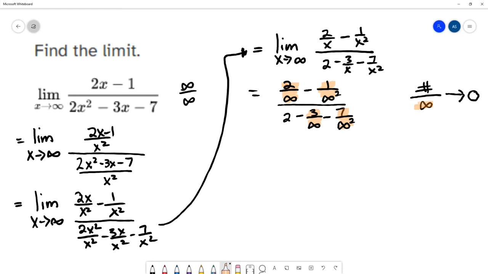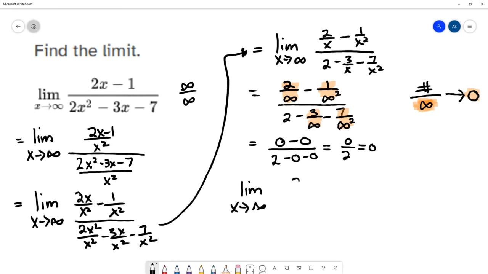Remember that your denominator is how many pieces you're dividing it up into, and if you allow that to get larger and larger, the pieces become smaller and smaller. So each one of those pieces is approaching 0. So we get 0 minus 0 over 2 minus 0 minus 0, and that is 0 over 2, which is 0. So the limit as x approaches infinity of 2x minus 1 over 2x squared minus 3x minus 7 is equal to 0.